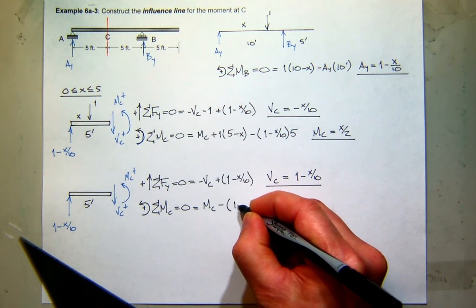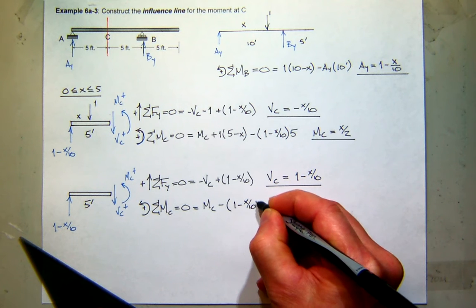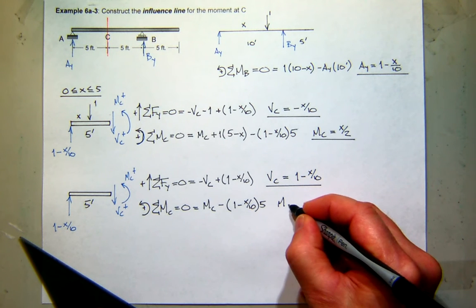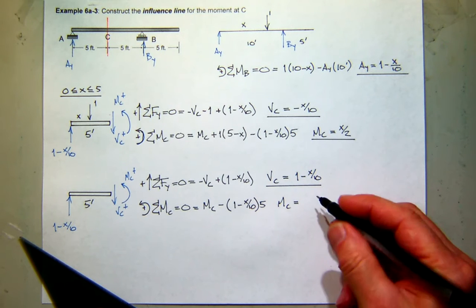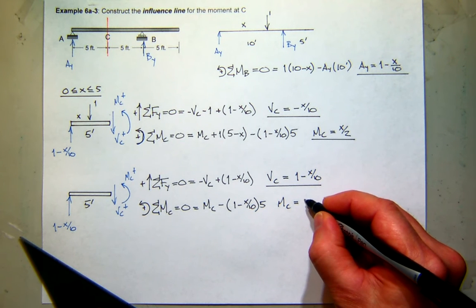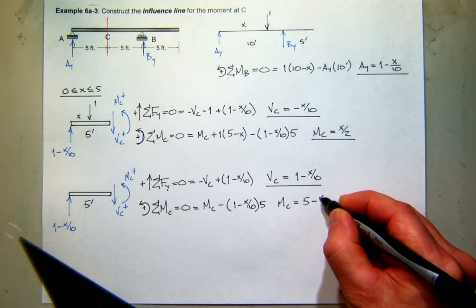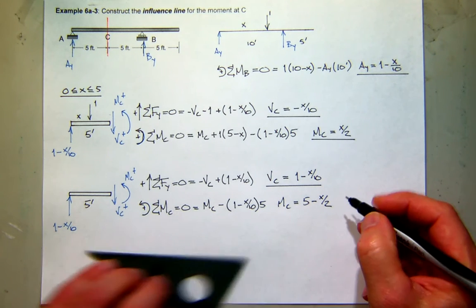The force is 1 minus x over 10, and the moment arm is 5. So the moment at C will be 5 minus x over 2.